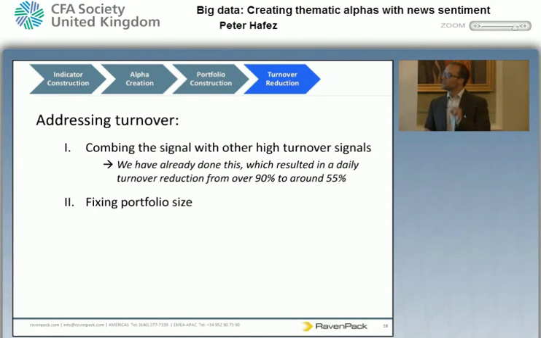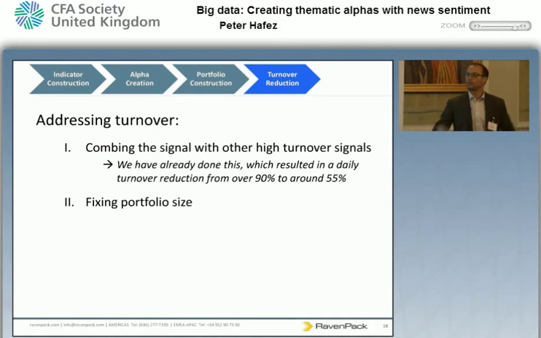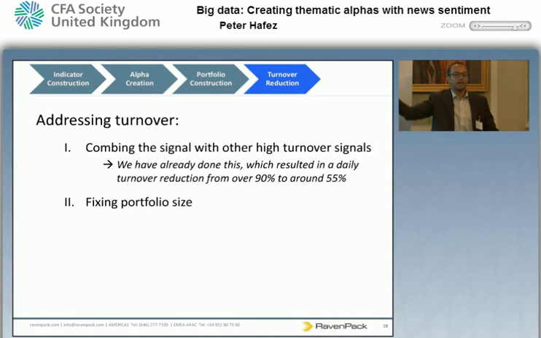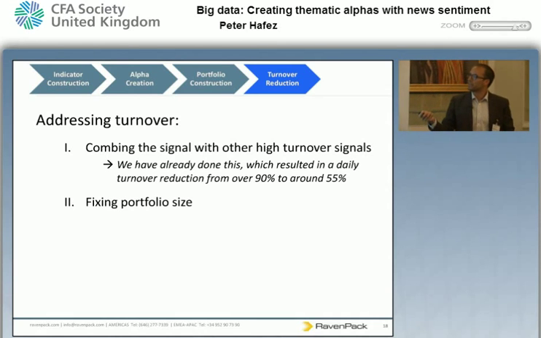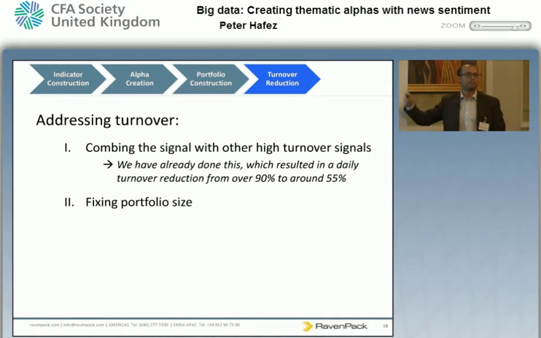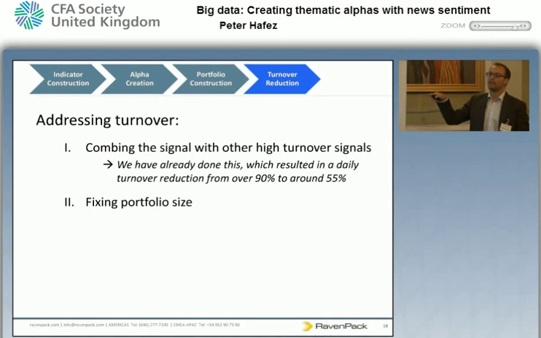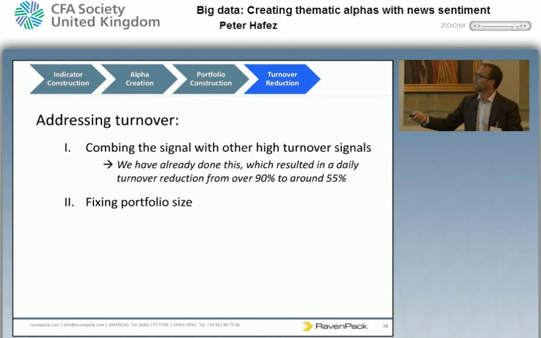But by combining them and saying, okay, you might be in this alpha today, but in this other alpha tomorrow, and looking for the intersection, we're able to bring down turnover to about 55%. And if you have other higher turnover signals, you could mix them in as well and further reduce turnover. Each individual alpha doesn't have to carry the transaction cost by itself. It just needs to be covered at portfolio level. So that's really what we're taking advantage of.